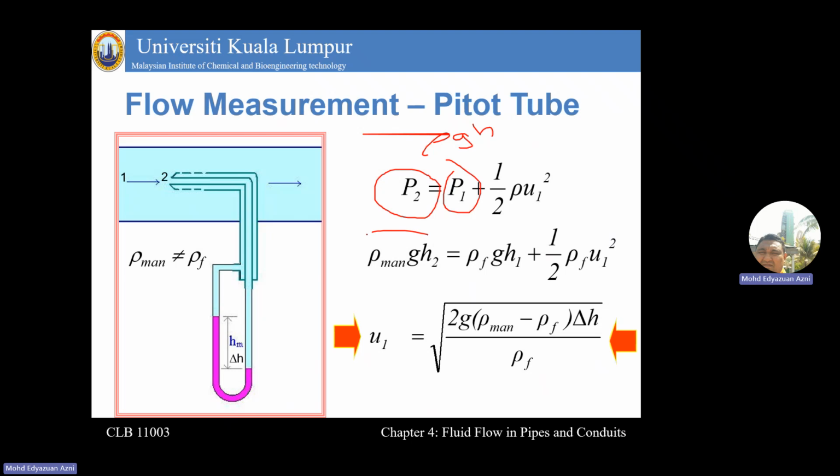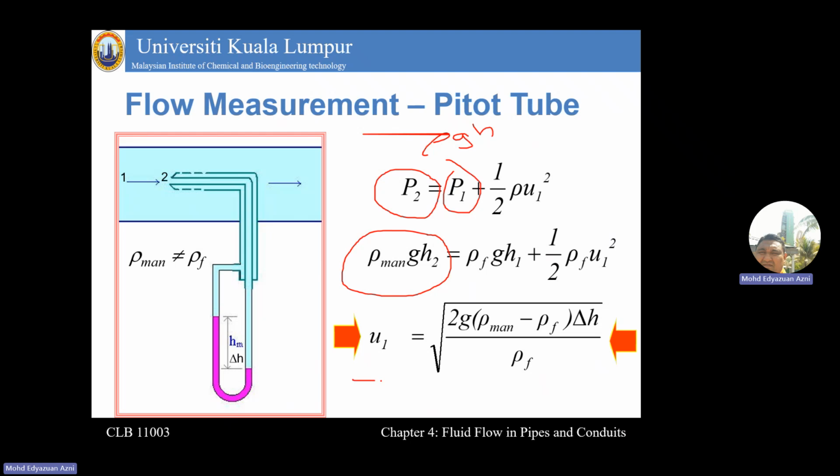So for P2, we have the density of the manometric fluid, gravity and h2. And for P1, we get rho g h1, with the density of the fluid, gravity and the elevation of height 1.